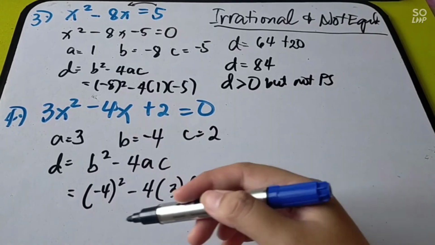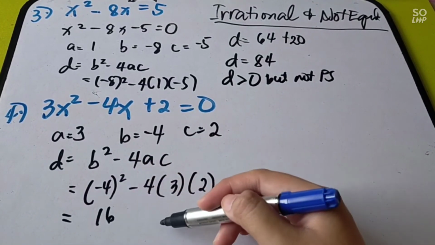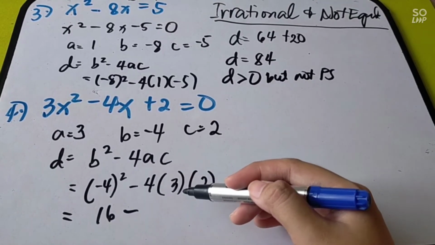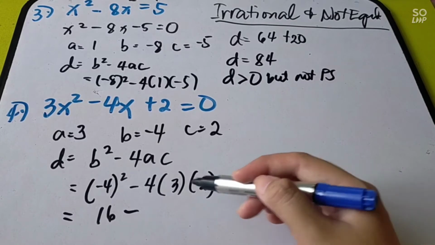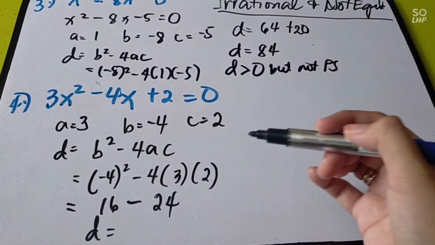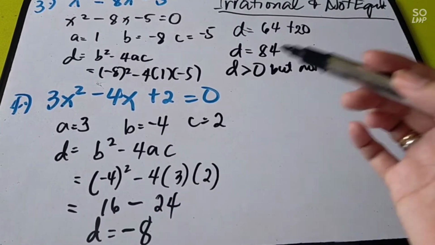Yan lang. Substitute lang. Is equal to 4 squared, that is 16. Then, minus 4 times 3, we have here 12. Then, 12 times 2, that is 24. So, your discriminant is equal to negative 8.